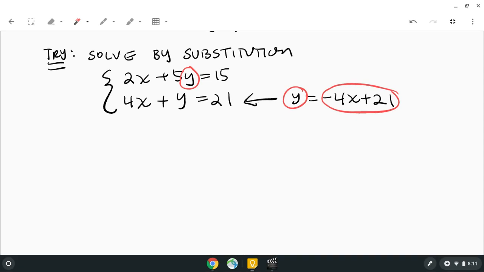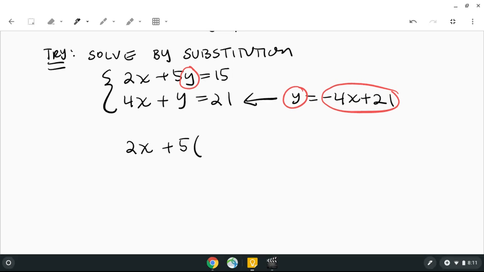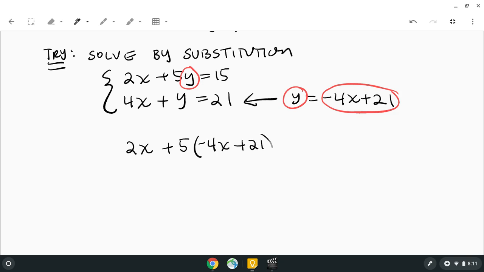So 2x plus 5 times, replacing that y with -4x plus 21, equals 15.